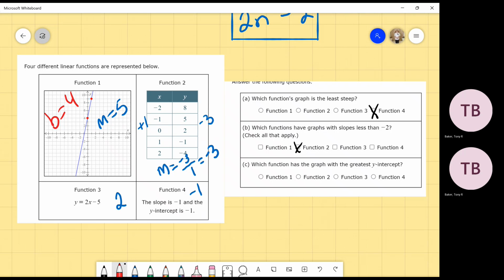So what's the y-intercept for function 2? 2. It's where x is 0, so that's my b. What's the y-intercept for function 3? -5. That's my b. And this one they gave you, it's -1. So which one has the highest? Function 1, the 4.